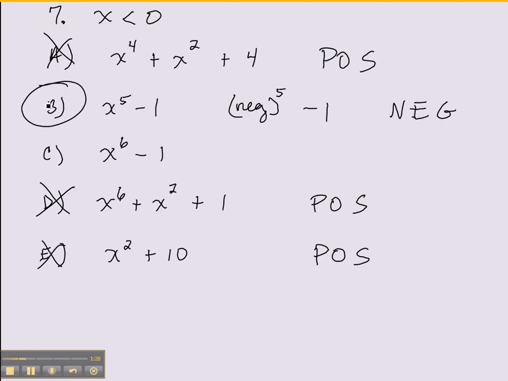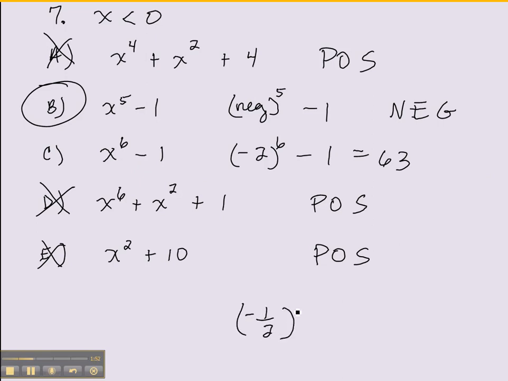Now let's look at C. If we take a number like negative, say, 2 to the 6th power, must that quantity be negative? Well, negative 2 to the 6th is positive 64, minus 1 is 63. So that might be positive. We could use a number like negative 1/2.